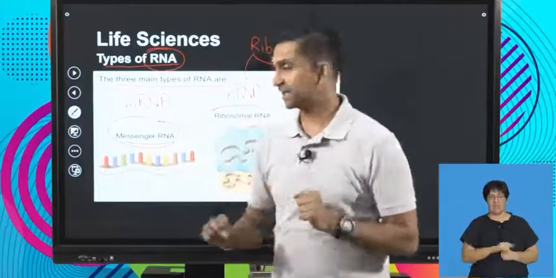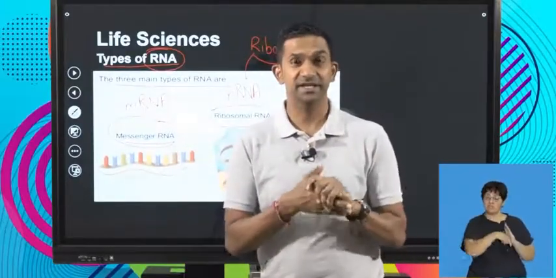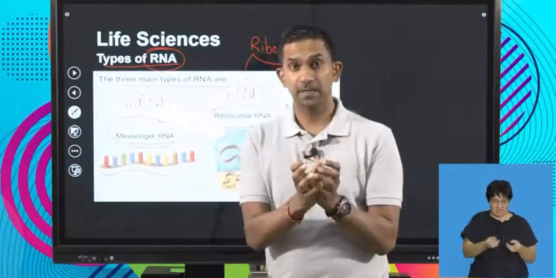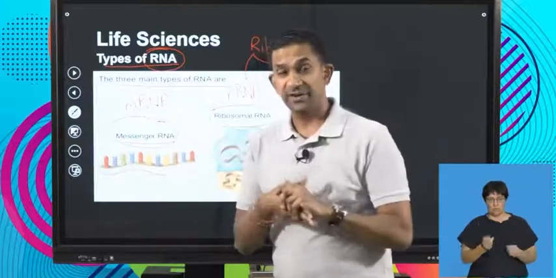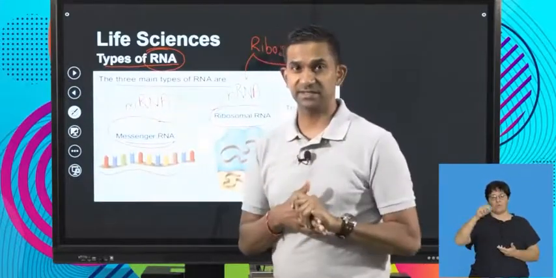So we refer to that as messenger RNA. So again, the context of messenger RNA is that messenger RNA carries special information to the factories in the cell to carry out processes like protein synthesis.